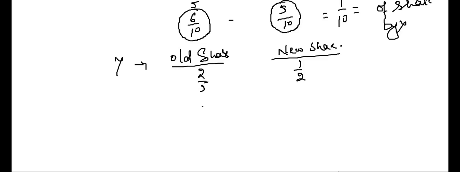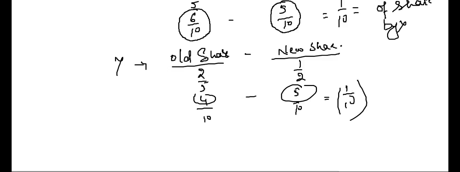With a common denominator 10, this will be 4 by 10 and this will be 5 by 10. Now is he at a loss or at a gain? Earlier he was getting 4 rupees, now he is getting 5 rupees. He is at a gain. If I subtract new share from old share, this will become 1 by 10 negative. This is the gain by Y.